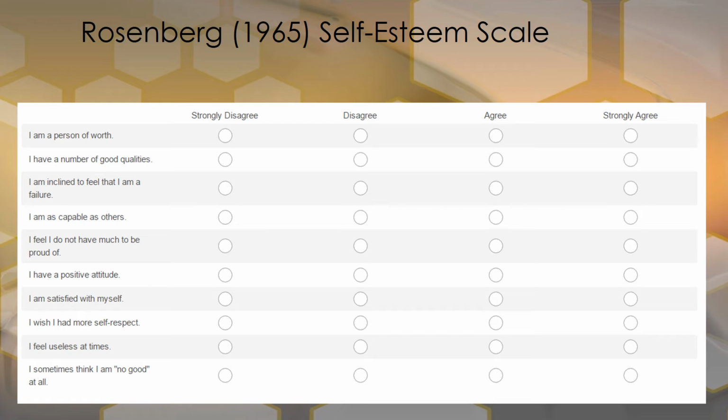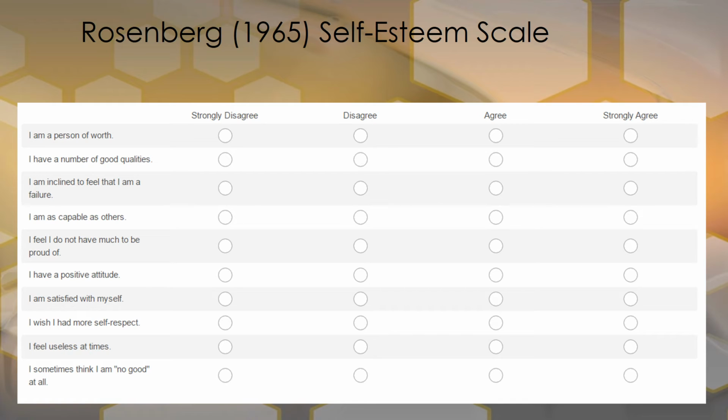And so what we do is we're going to have the person indicate how much they agree with each of these items. So say they have really strong self-esteem. Someone that's really high in self-esteem is going to read this and say, I am a person of worth. I strongly agree with that.